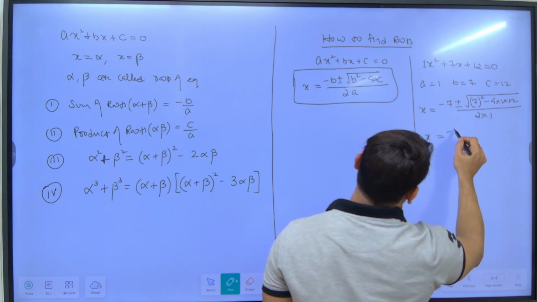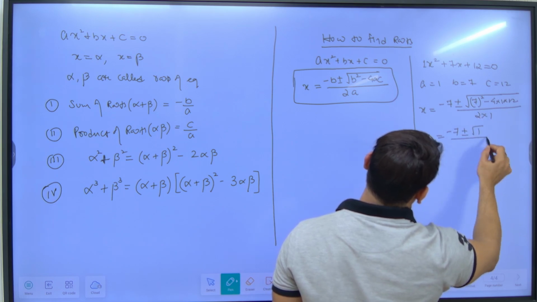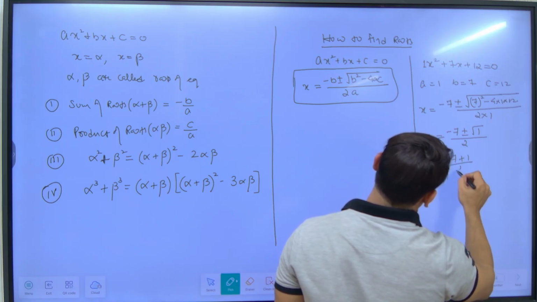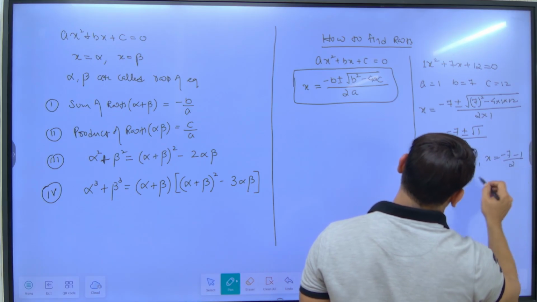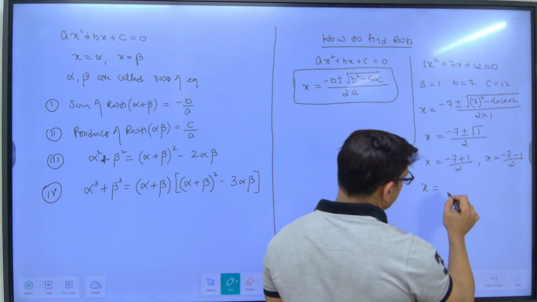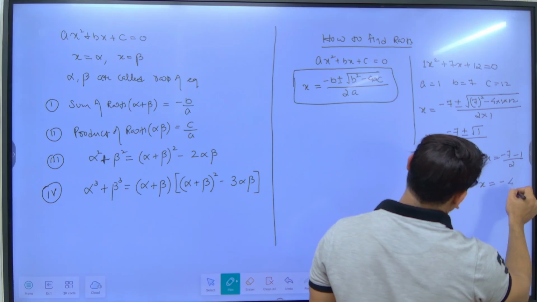So x is equal to minus 7 plus minus under root of 49 minus 48, which is under root of 1, by 2. One value is x equal to minus 7 plus 1 by 2, another value is minus 7 minus 1 by 2. So x is equal to minus 6 by 2, which is minus 3, and x is equal to minus 8 by 2, which is minus 4.